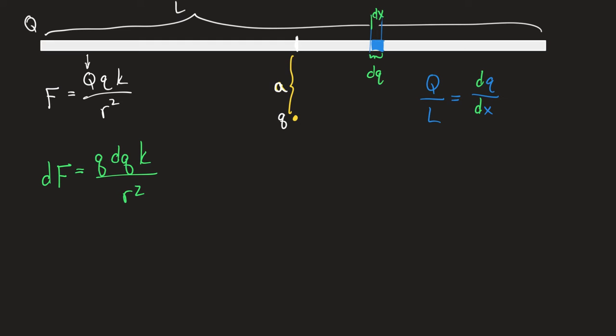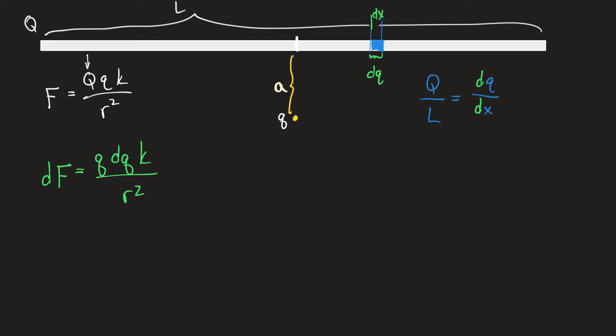Now, what we've done is the first part of setting up a force expression. And I like to kind of name these things, so let me provide a name for this. To me, this is the part where you're setting up and identifying your piece of charge. You're establishing what you will call dq. It's essential that we understand that the first part is just identifying what is a piece of the whole.